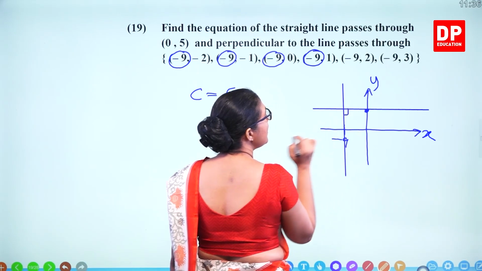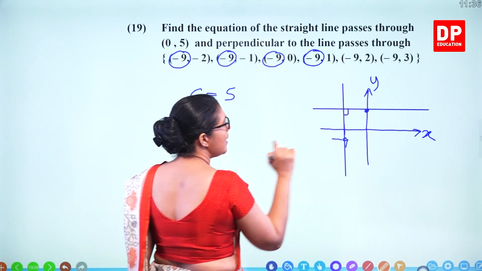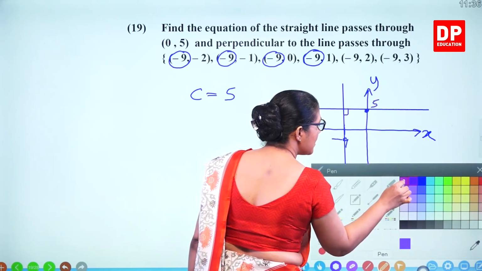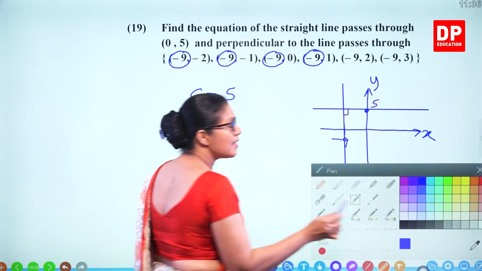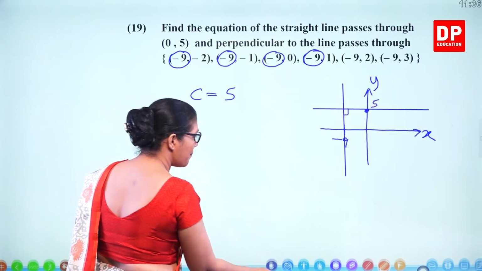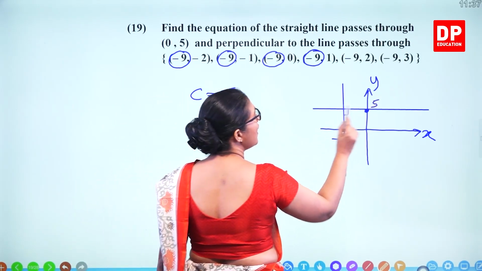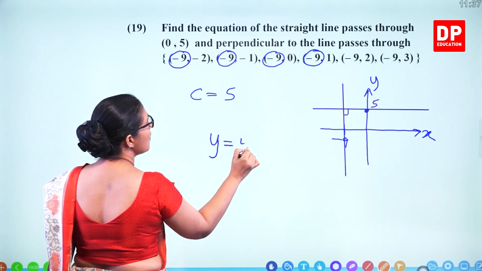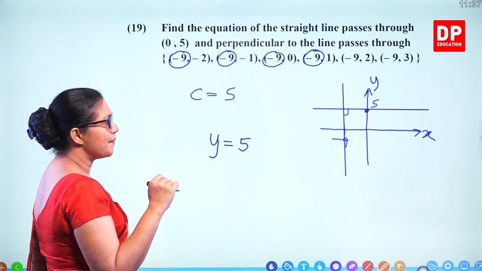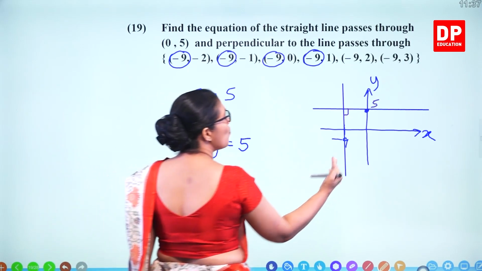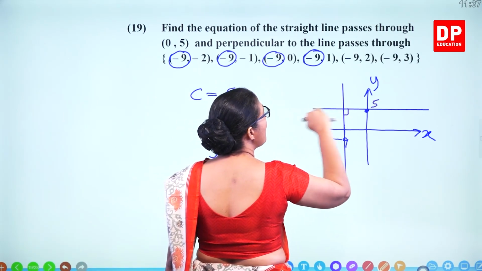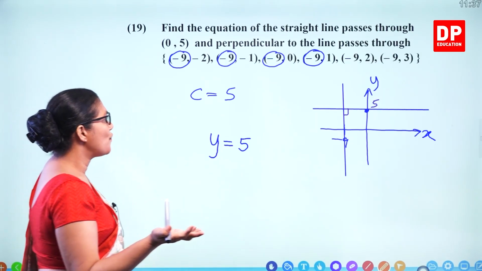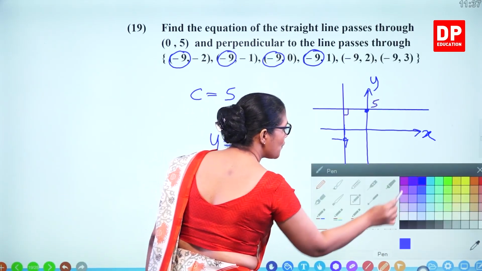This is a perpendicular, horizontal line passing through 0, 5. A horizontal line means y values are the same. So what's the y value? y equals 5. So the line is y equals 5. Because this is the vertical line, and perpendicular to that means you get a horizontal line. So y equals 5. 2 marks for that.